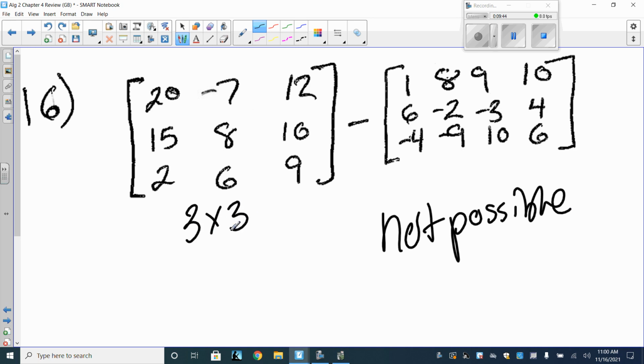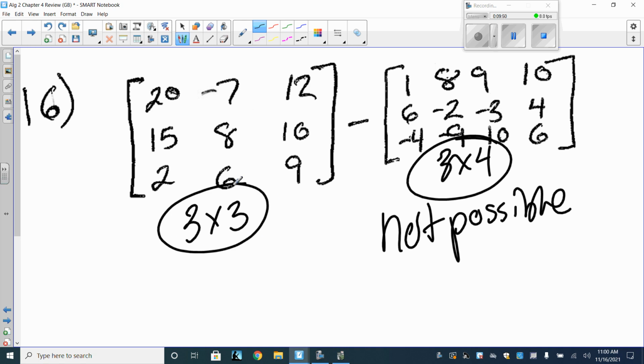Here we have a 3 by 3, and here we have a 3 by 4. The two sets of dimensions are not the exact same, so we're not able to add or subtract them. Any other questions on these here?